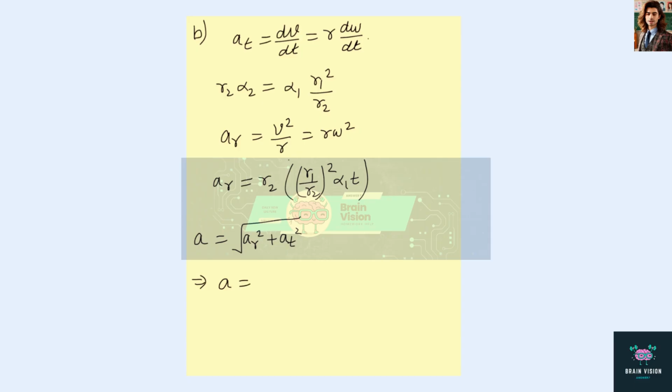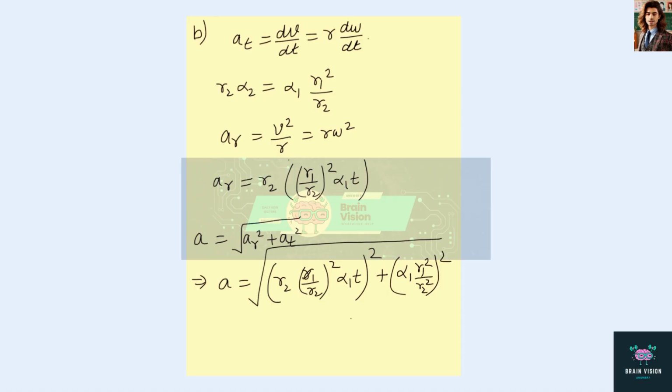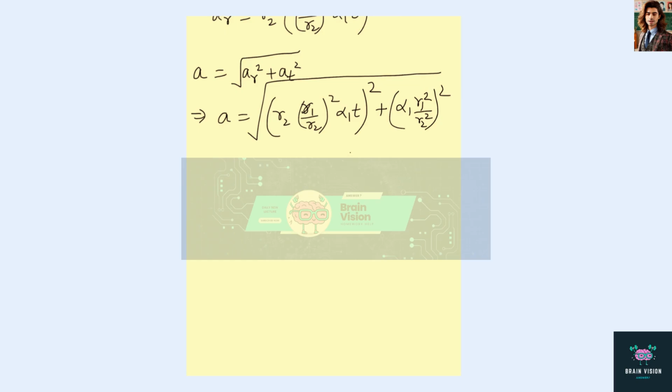So by putting values in this equation, acceleration a will be equal to r2 r1 by r2 whole square alpha 1 t whole square plus alpha 1 r1 square divided by r2 square whole square, and under root.